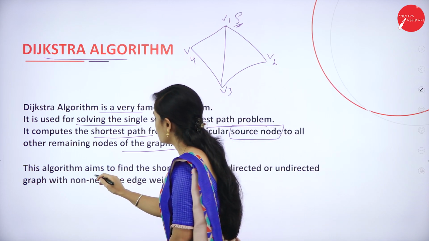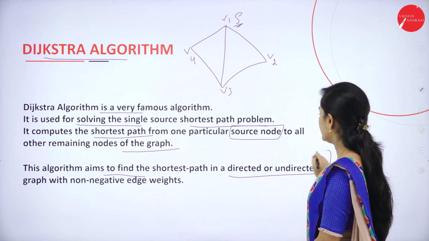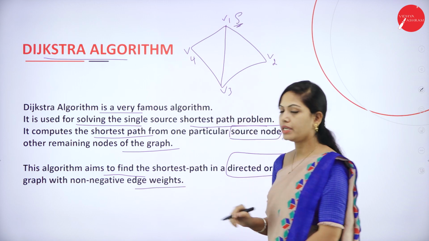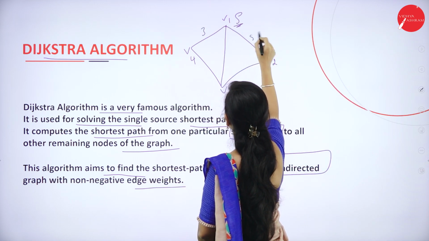This algorithm aims to find the shortest path in a directed or undirected graph with non-negative edge weights. All the edge weights should be positive. Clear?